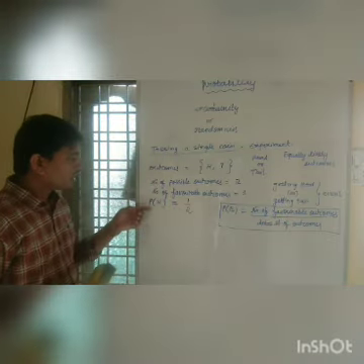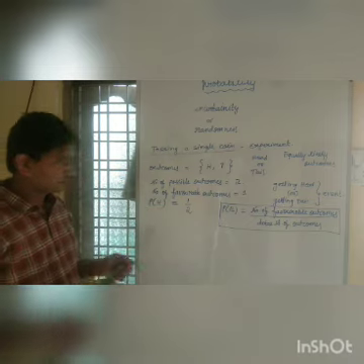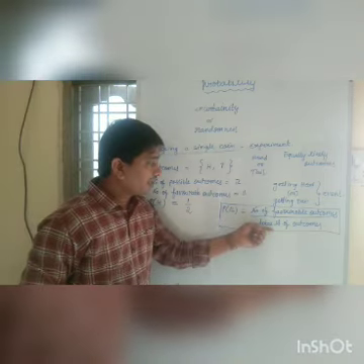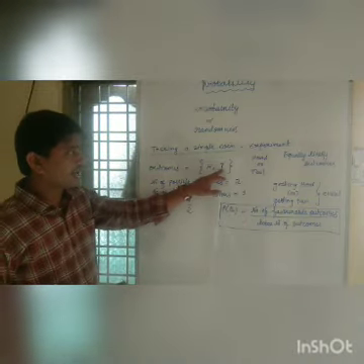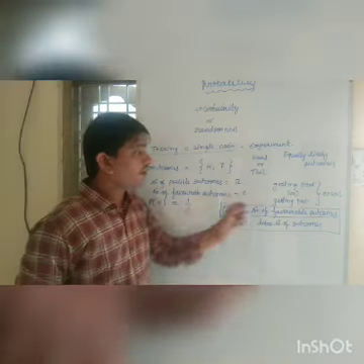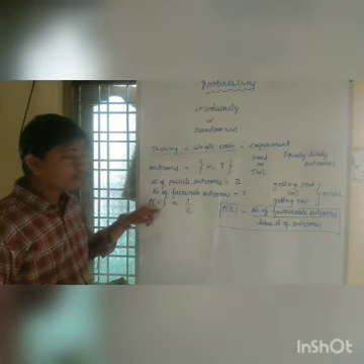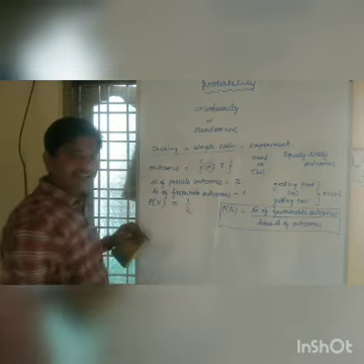So here E is nothing but event. Here our event is getting a head, divided by total number of outcomes. Total number of outcomes are how many? Head and tail, 2 outcomes. And number of favorable outcomes are how many? Our favor is getting a head.